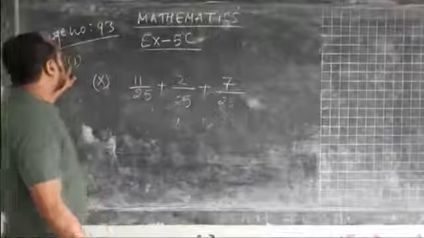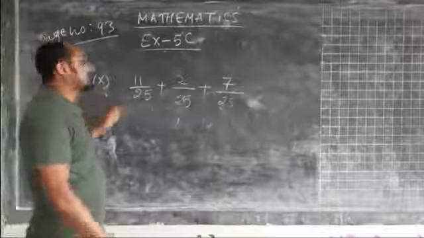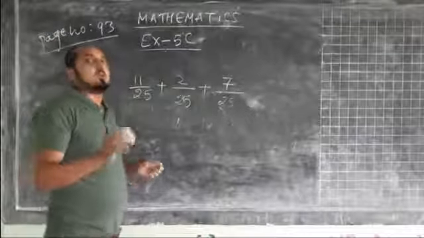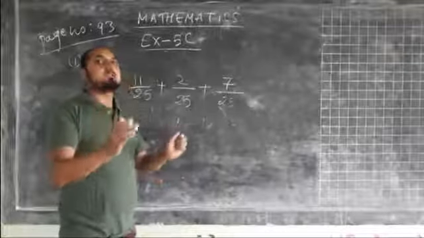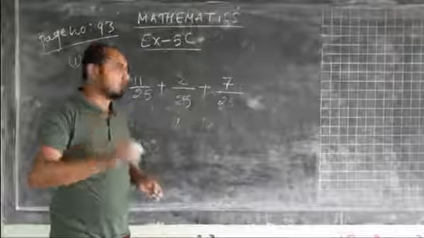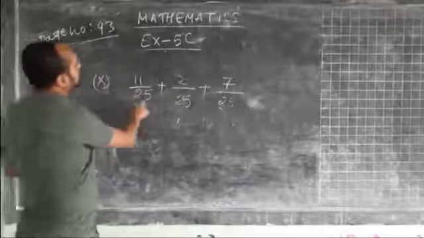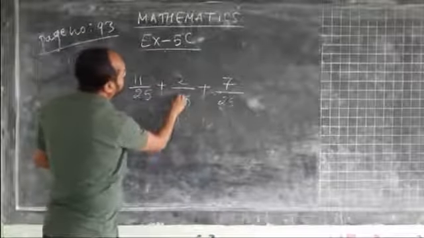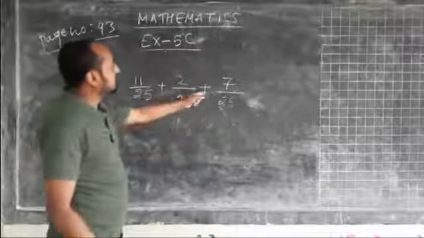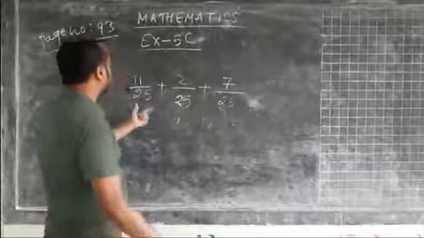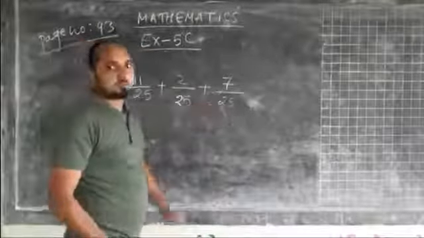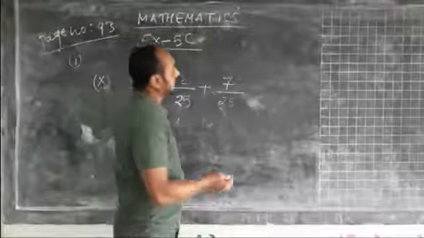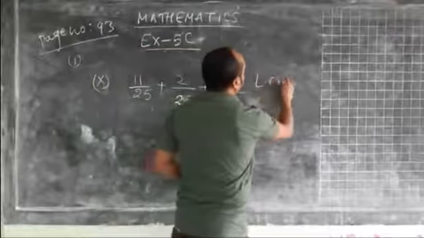Now from question number 1, I am going to solve question number 10. So almost I have solved 4-5 questions from question number 1, and the remaining part you will try by yourself. So the question is 11 by 25 plus 2 by 25 plus 7 by 25. So here also 25, 25, 25. These are all like terms. If there are like terms, again we have to find the LCM.